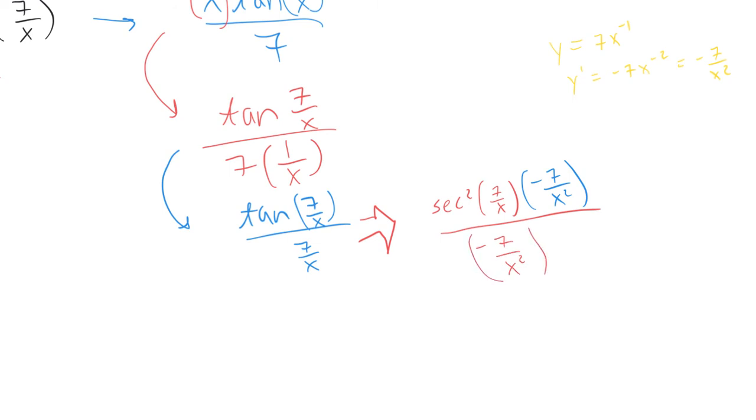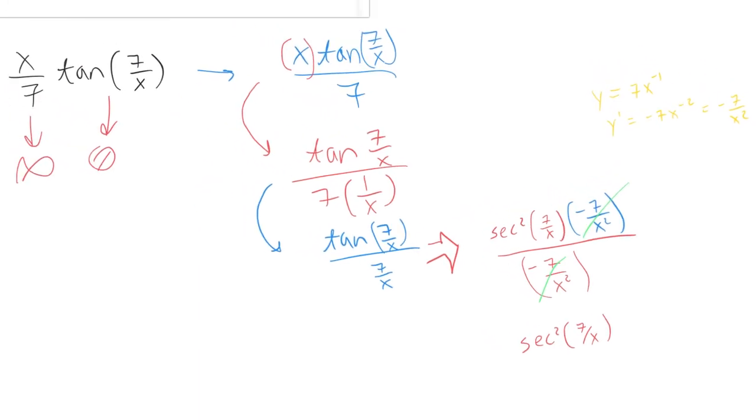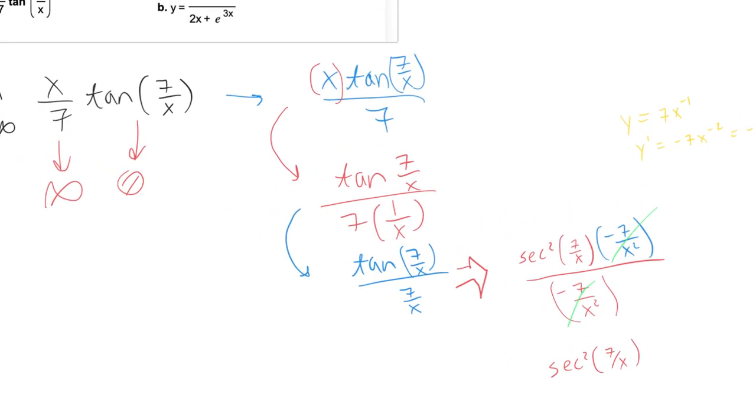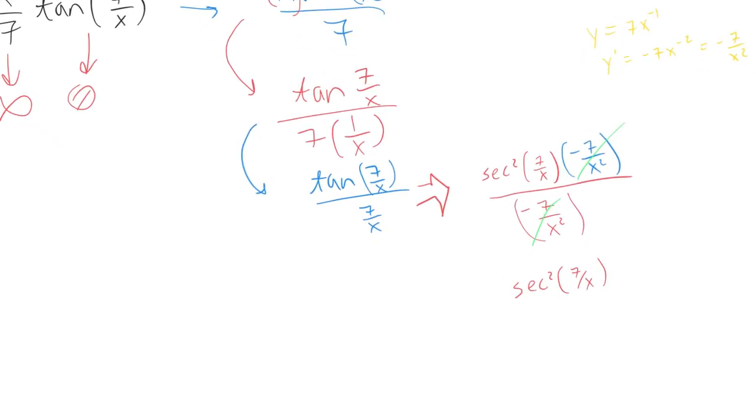Now it's looking like these will cancel. That's probably a good sign. We're going to find out. So what we have left over is just that. Now, originally, let's see, we're plugging in infinity.